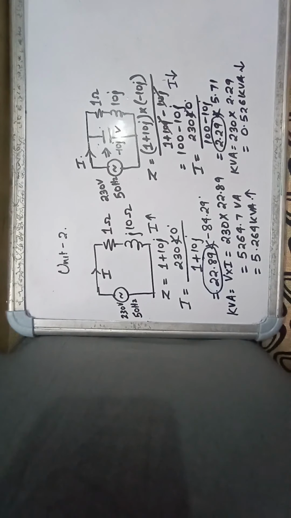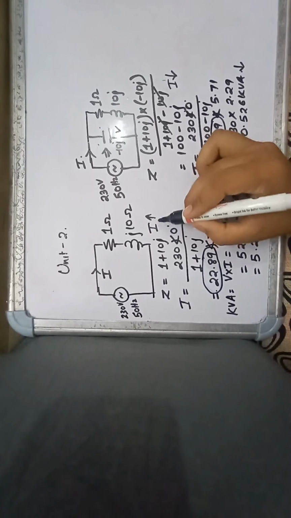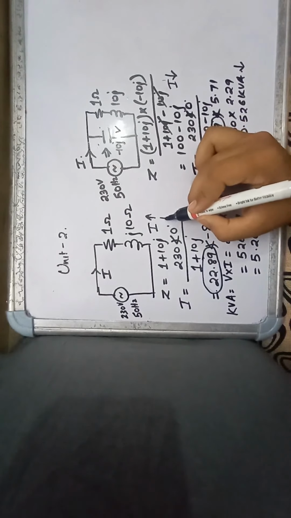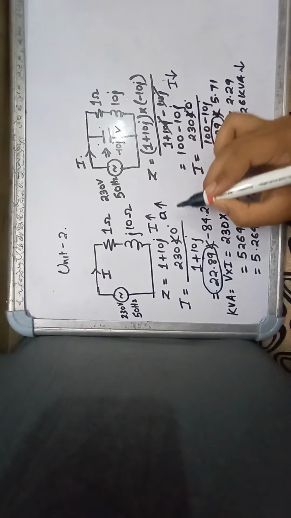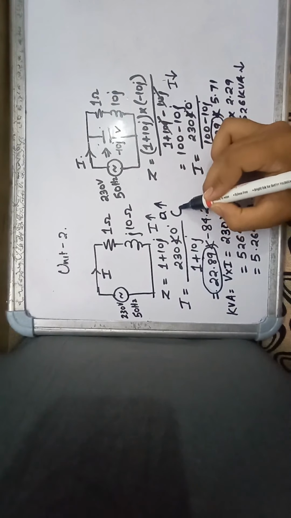Okay, sir, we don't understand. Current is high here, current is less here. So what will be the effect? If the current is high, you require a large cross sectional area of wire, a thick wire.